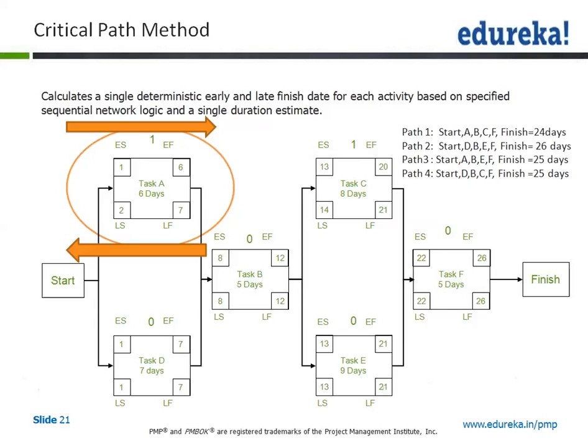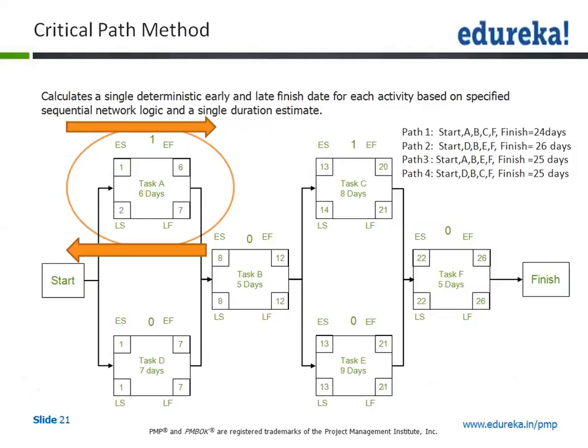Now, if you look at this example, what we have done is identify the critical path out of the various paths available in this network diagram. By definition, the critical path is the longest path in the network diagram, with the earliest and the latest times activities can start.